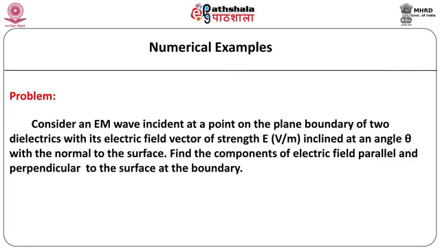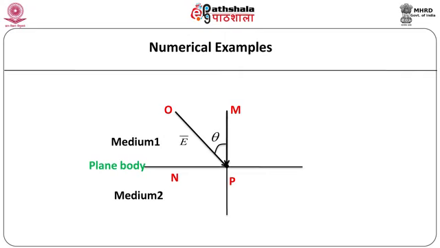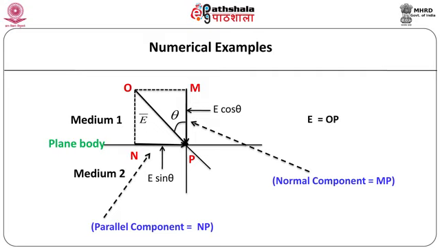Find the components of electric field parallel and perpendicular to the surface at the boundary. The figure is self-explanatory about the situation described in the problem. MP is the component of electric field normal to the surface at the point of incidence P, while NP is the other desired component parallel to the surface.